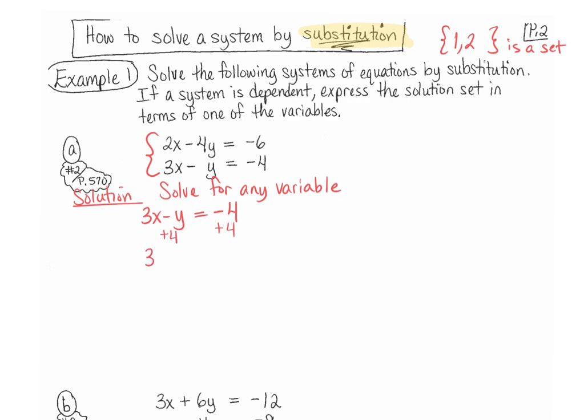So this becomes 3x plus 4 minus y equals 0. Then we add y to both sides to get 3x plus 4 equals y. So we've solved equation 2 for y. I'm going to call that smiley face.